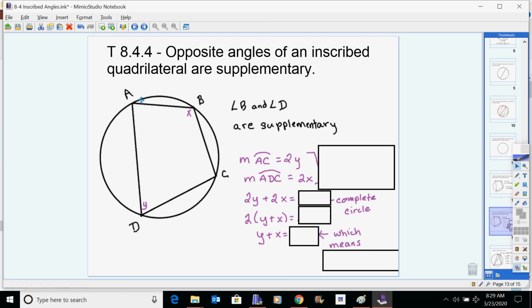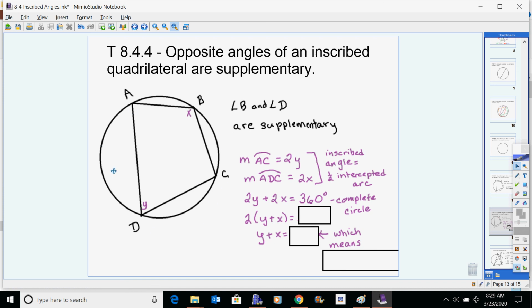So this arc plus this arc, arc AC plus arc ADC, has to equal 360 degrees, because that's how many degrees make up a complete circle.